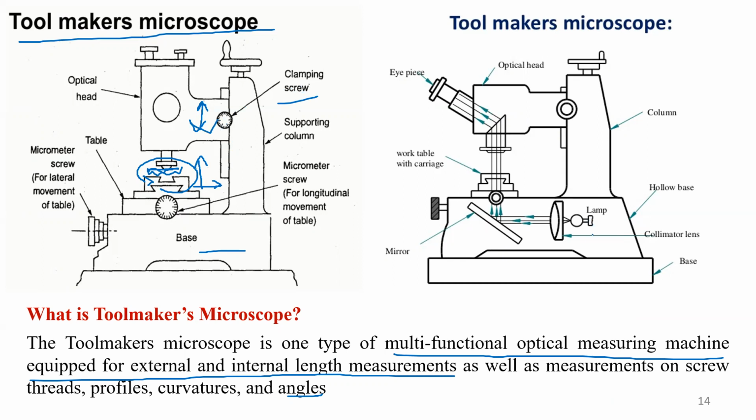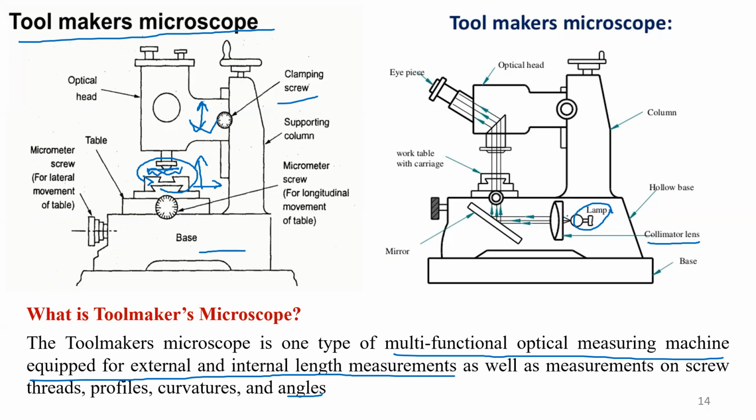So this figure shows the optical system which is provided in the optical microscope. We have a tungsten filament lamp which generates the light source, and this light source passes through the collimator lens.